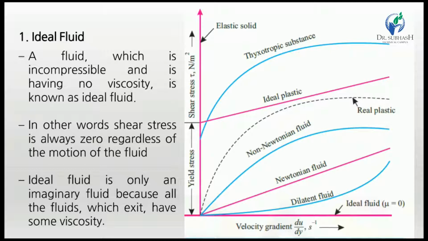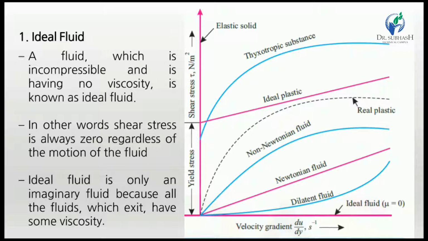But in actual, all fluids have some kind of viscosity. So in reality, it is not possible for a fluid to have zero stress or no viscosity. So it is an imaginary fluid. In reality, it does not exist.